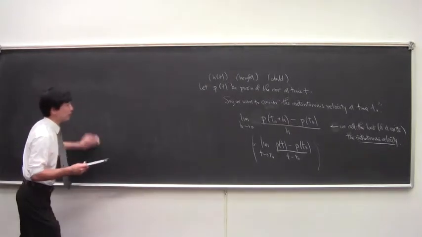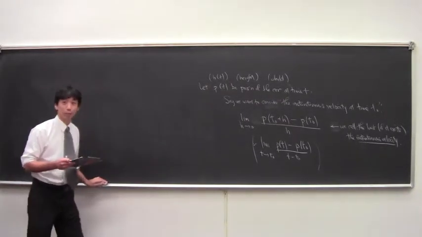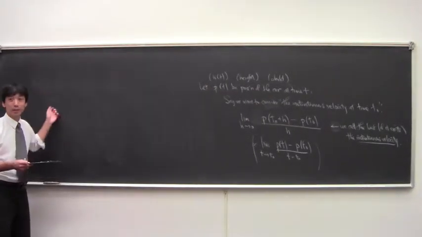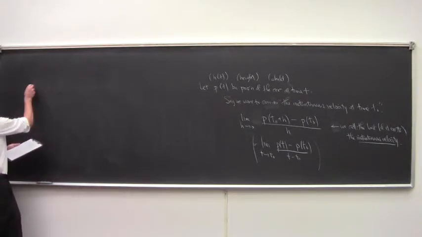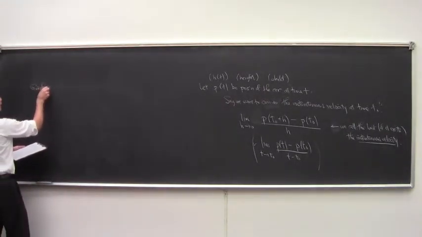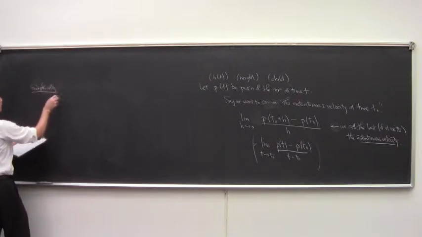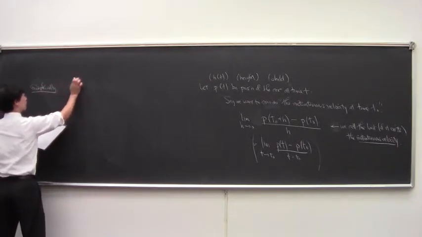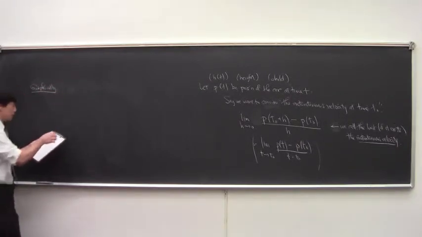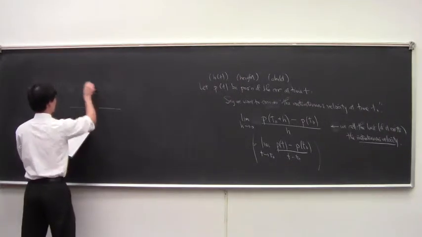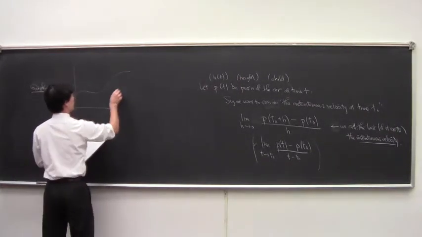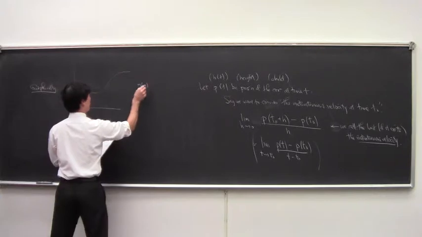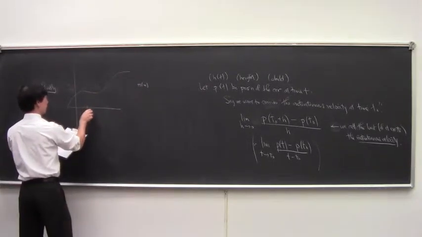Okay, so that's maybe like a physical or biological introduction to instantaneous rate of change. If we want to look at it graphically, say with functions, the graph of a function. Suppose you have some function. Here is x.